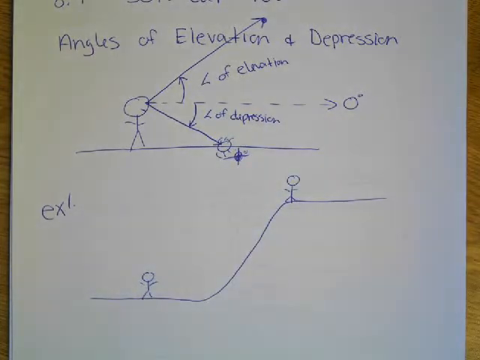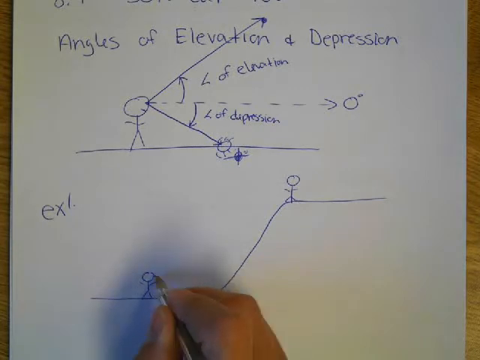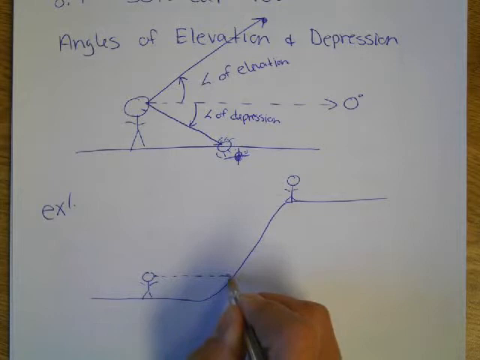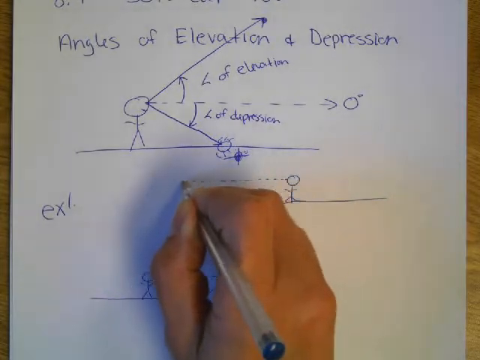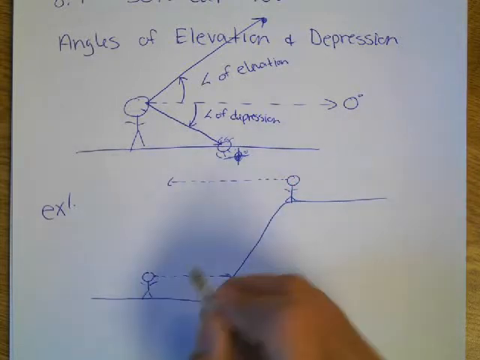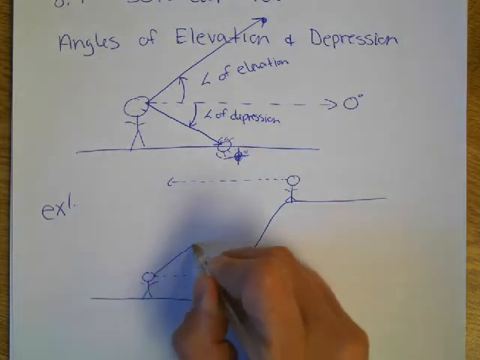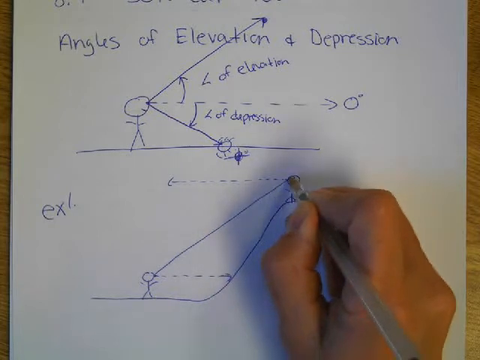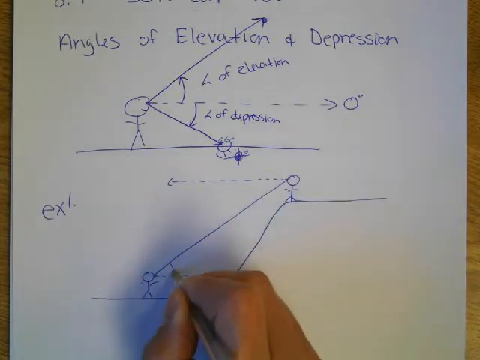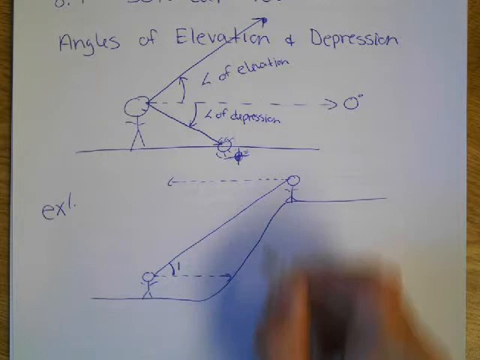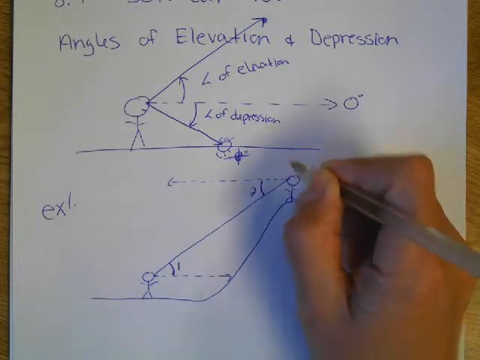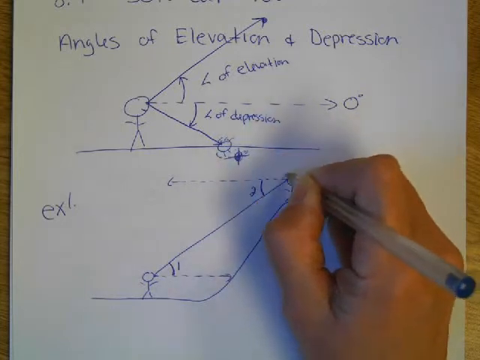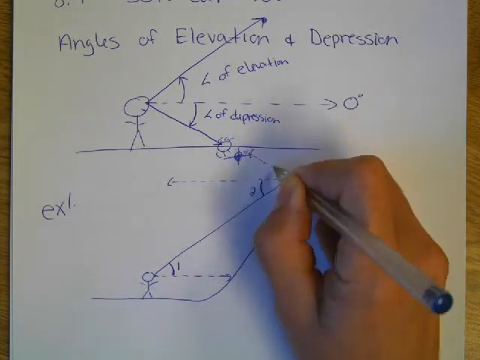So this person's 0 line, you always want to have 0 lines, would be straight ahead. This person's 0 line would be straight ahead. So these two people are going to look at each other. There's an angle created here. Call it angle 1. Here, we'll call it angle 2. And then this person is going to see the sun. 3.